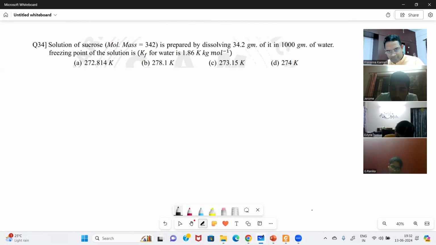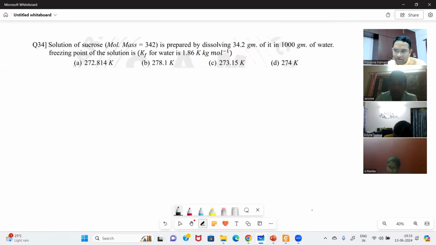Yes, Jerome, come on. What happens to the freezing point when you add a solute to the solvent? We saw. Sir, it increases, sir. See, that is elevation in boiling point. Boiling point will increase when you add solute to pure solvent.